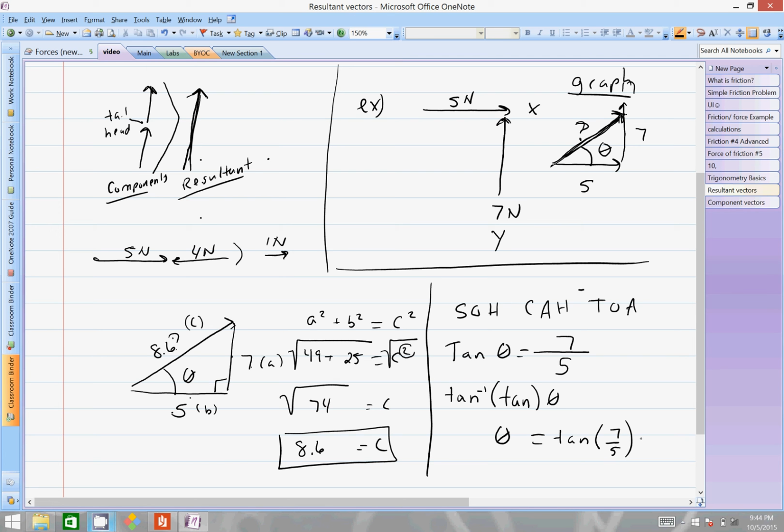If you want an exact number, you just leave it like that, but let's get the angle here. Inverse tangent of 7/5 is about 54 degrees. This guy's 54 degrees, this guy's 90, and you could subtract from 180 for the third angle.